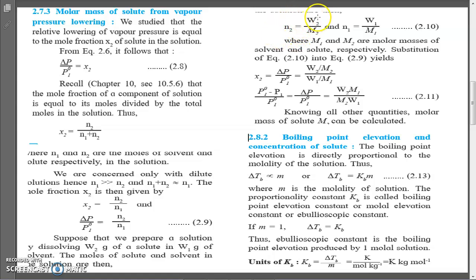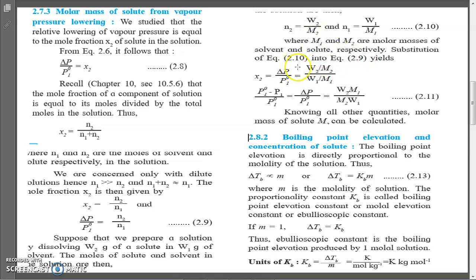N2 is nothing but W2 divided by M2, and N1 is nothing but W1 divided by M1, where M1 and M2 are the molar mass of the solvent and solute respectively.